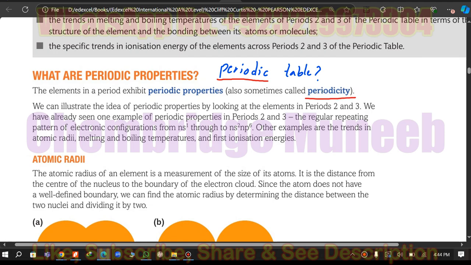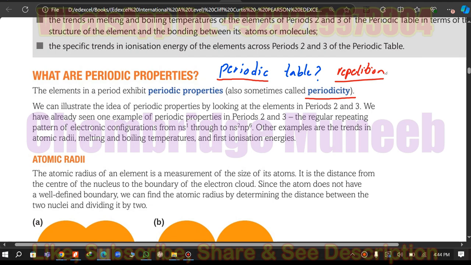And what is periodicity? Periodicity means repetition.